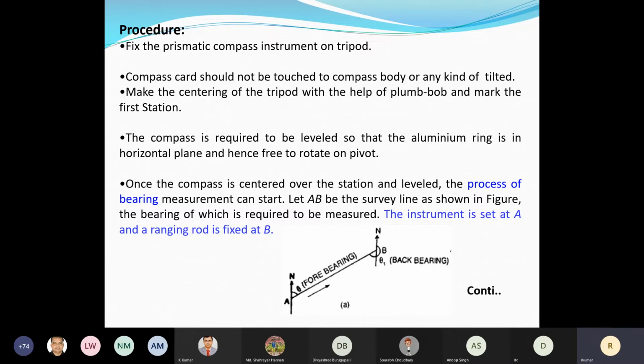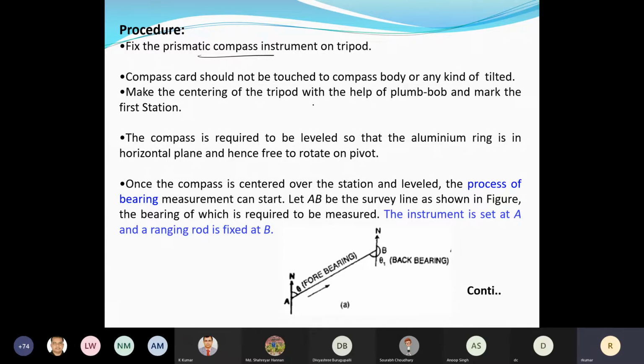Now, if I quickly go through the procedure, we will fix the prismatic compass on the tripod. The compass card should not touch the compass body or be tilted. Make the centering of the tripod. The magnetic needle should be freely suspended, it should not touch, it should not be tilted.